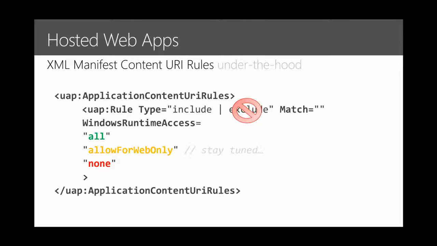You go into the rule that you create for the hosted app, and you'll say, I am going to allow all access to the Windows runtime. So what that means is there's nothing that you're excluding the app from doing in accessing any of the runtime features in the app. Now, I want to be careful here. That doesn't mean that you can bypass any capabilities or declarations that are not allowed for the context of that app, but it just means that you're leaving the door wide open for anything that is allowed.